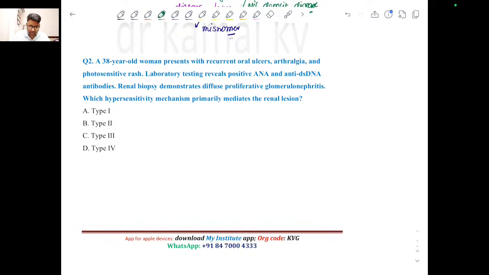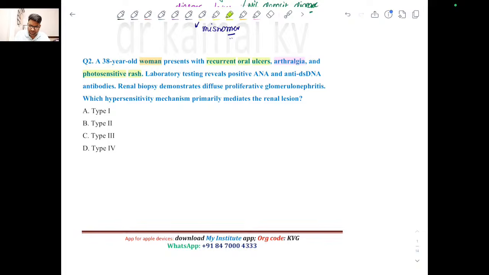Here a 38-year-old woman is presenting with recurrent oral ulcers, joint pains, that is arthralgia, and a photosensitive rash, especially on the exposed areas of the skin.